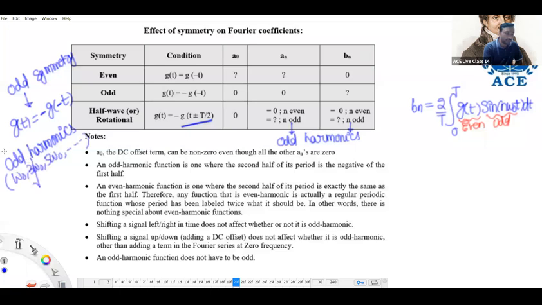In the time domain, they correspond to half wave symmetry. So be careful when you are using that word. Odd symmetry means time domain. Odd harmonics means frequency domain. In time domain, it corresponds to half wave symmetry.